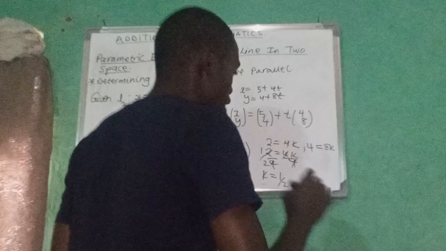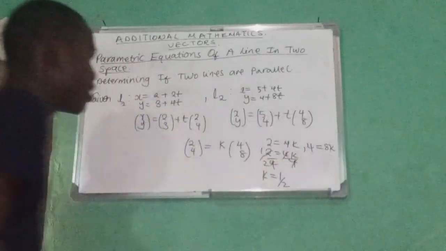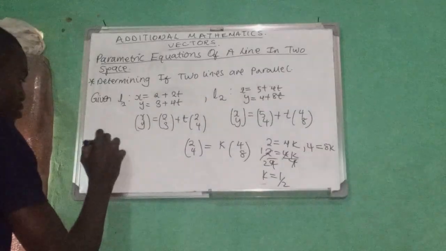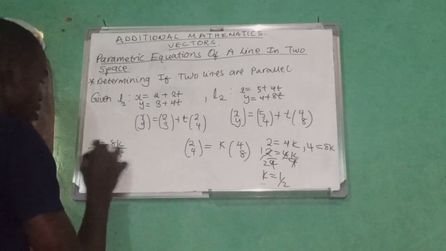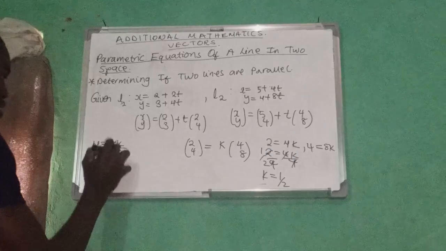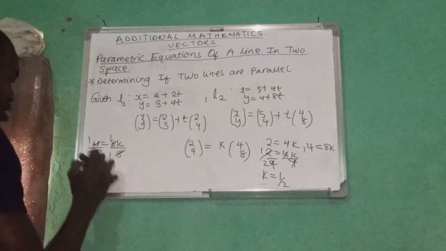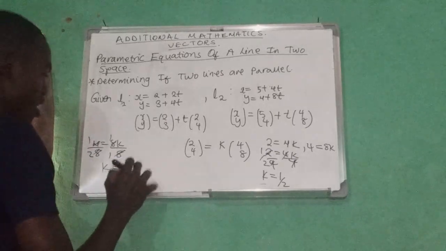And then here we have 4 is equal to 8k. We divide both sides by 8, like that. k is also equal to 1/2.